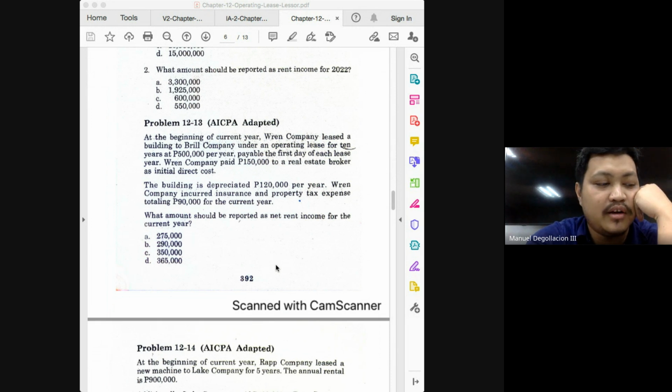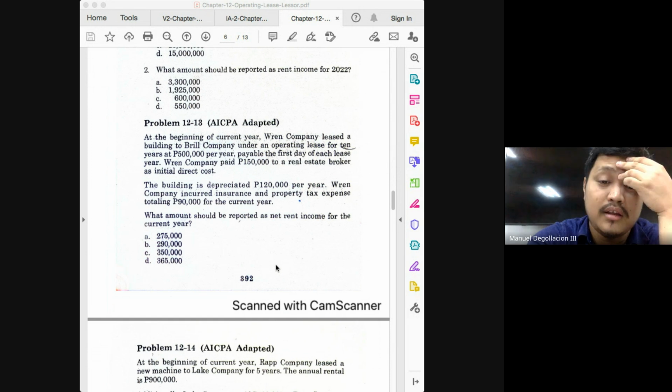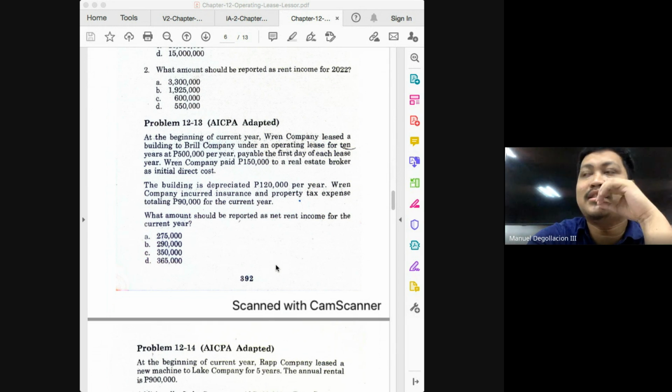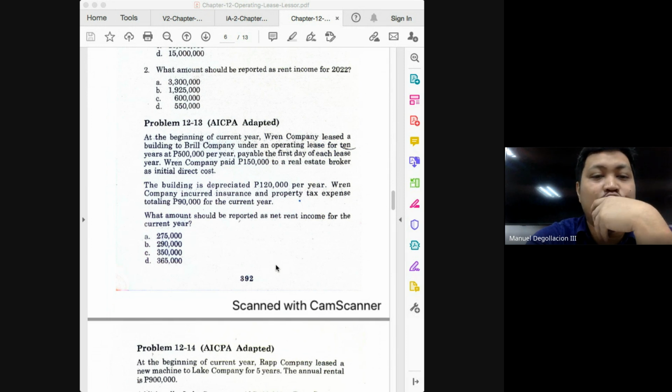So the issue now here is concerning our deductions. What will be our deductions? Deduct the 120 depreciation to get our net income. What else? Deduct your property tax and insurance amounting to 90,000. But what else? You deduct the amortized portion of the initial direct cost.